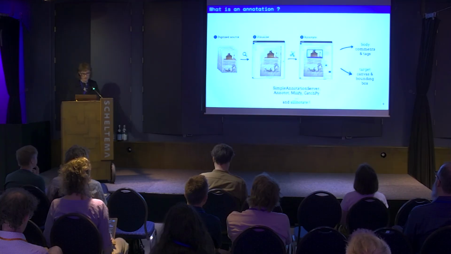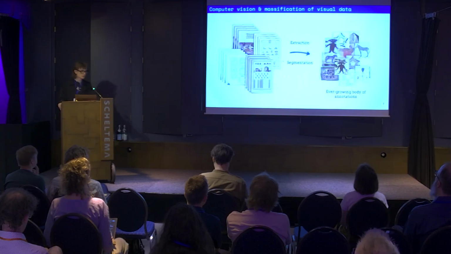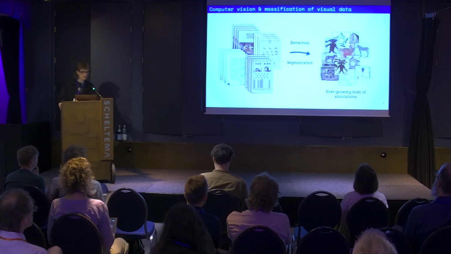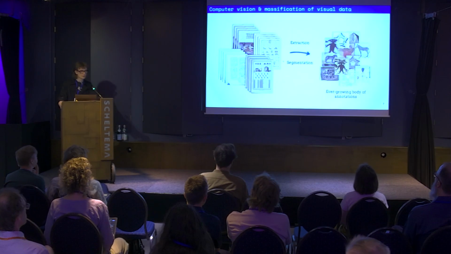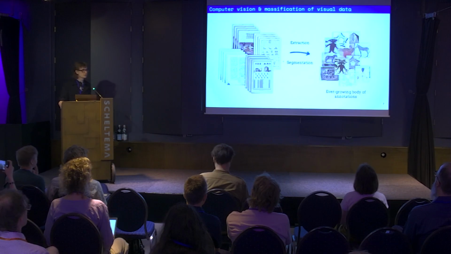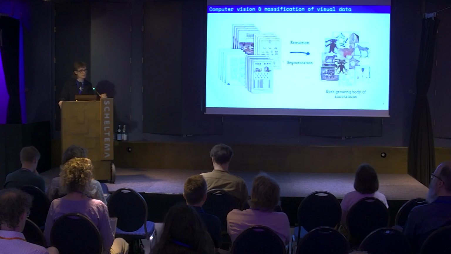aiiinotate is a solution to a specific problem, which is that with computer vision and AI, we have a massification of data being created. For example, a region extraction algorithm can automatically detect images such as illustrations or diagrams, and detecting those image regions pretty much generates IIIF targets.